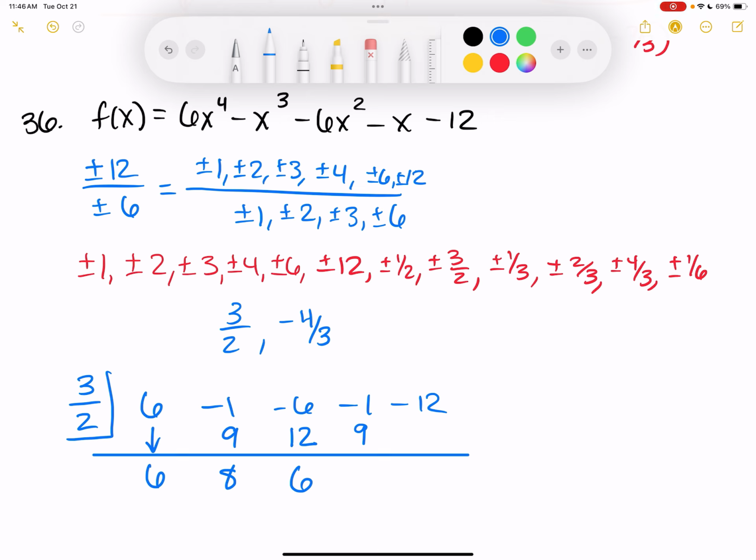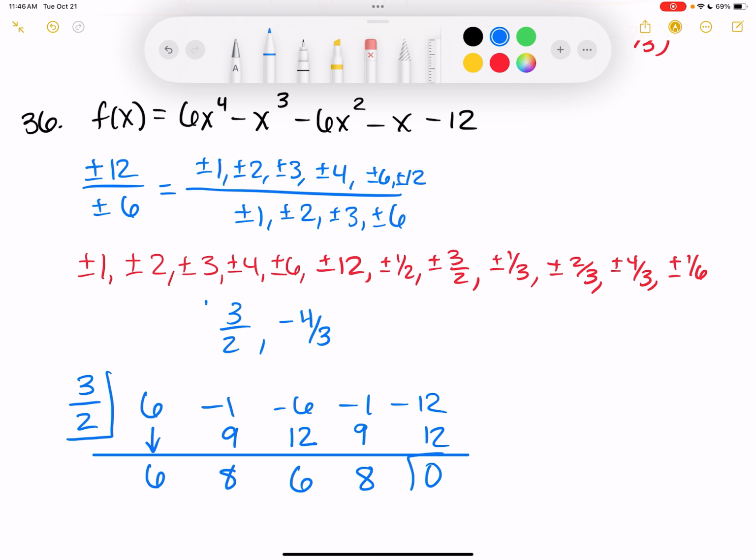When it's already given in this form we just use the sign that we see on the graph. In factored form, we switch it. So 3 halves is what's going in there. Then 8 times 3 halves is 12, minus 12 is 0. So 3 halves definitely works.